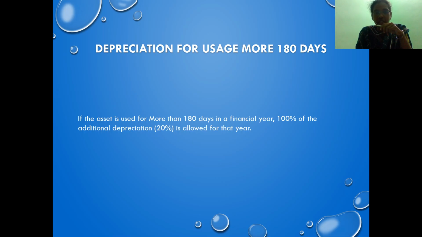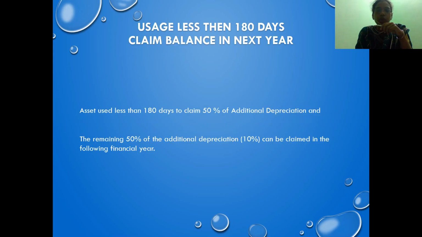If I have acquired a new plant in the relevant previous year and used it for only 150 days, it means the asset is used for less than 180 days. How do I claim additional depreciation in that case? All the other conditions are satisfied: the newly acquired asset is plant or machinery, and the business is into production process or generation and distribution of power, but the asset is not used for more than 180 days.